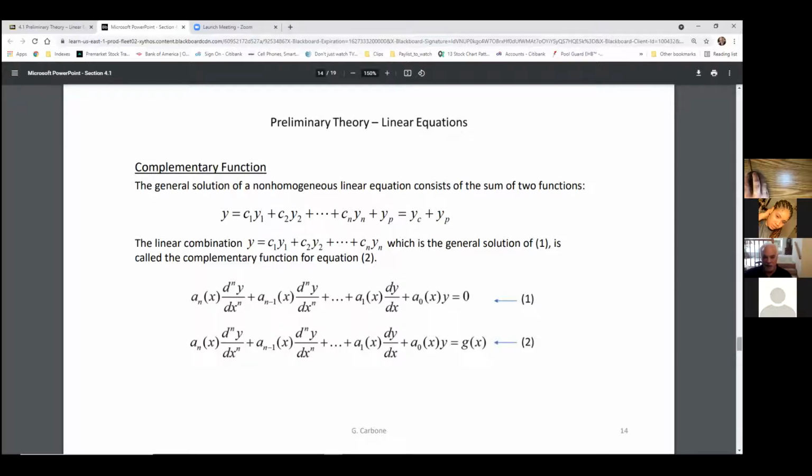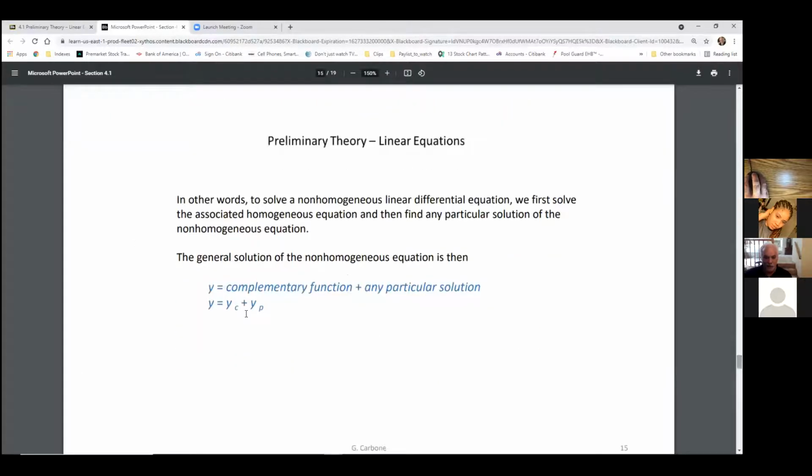So the total solution is the complementary function plus any particular solution. In other words, to solve a non-homogeneous differential equation, and this is what we're going to be doing today, we first solve the associated homogeneous differential equation, and then we find any particular solution to the non-homogeneous one. That's the order in which we have to do it, and you'll see why.